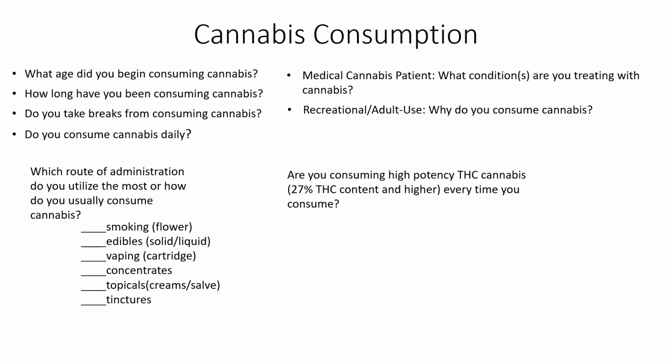As we can remember from the course, starting cannabis consumption in adolescence or a young age increases your risk for certain conditions, and that long term cannabis consumption also increases your risk for certain conditions, and that taking breaks from cannabis can reduce your tolerance, and that building up a tolerance to cannabis is a pathway to CUD.